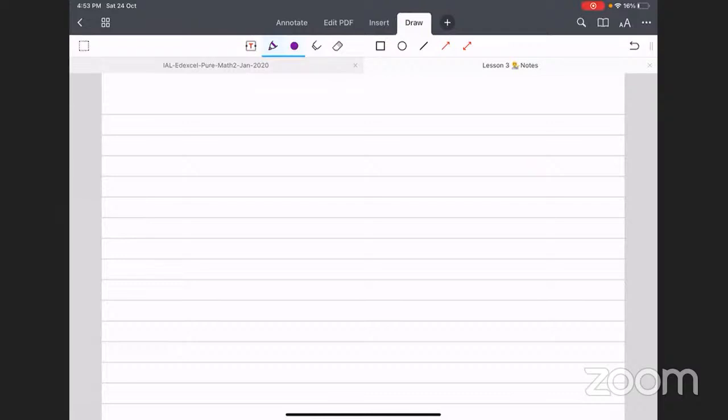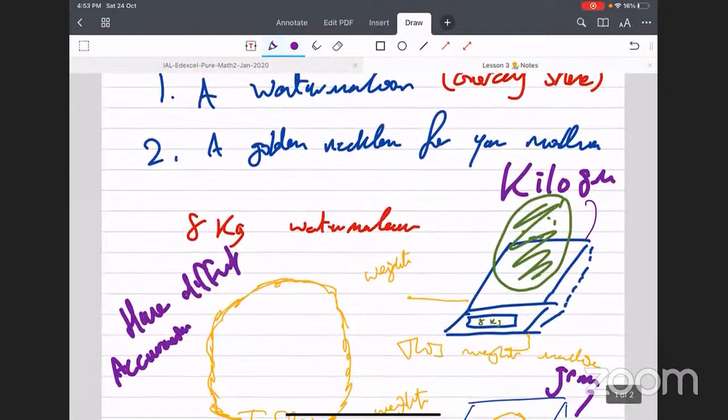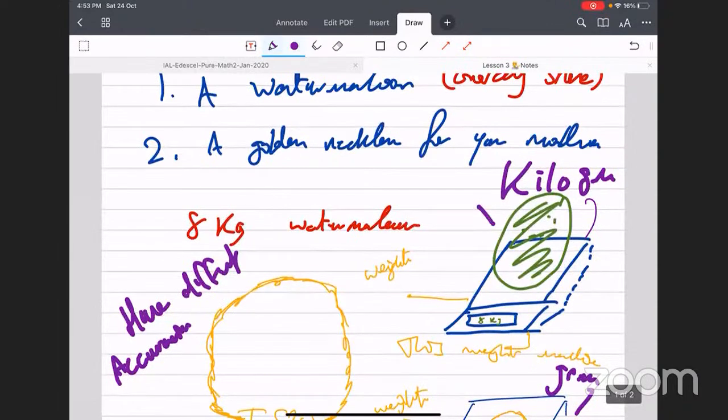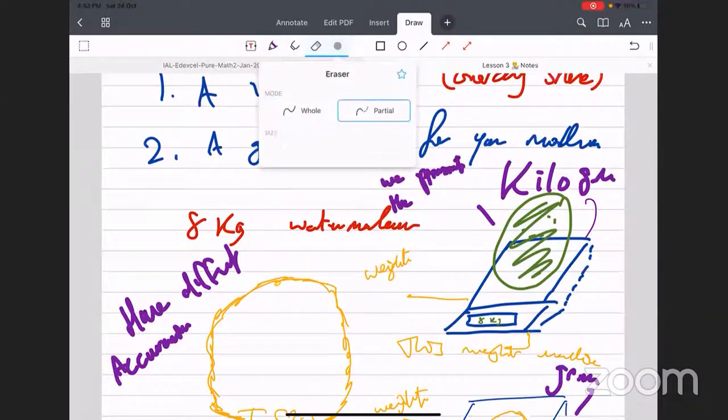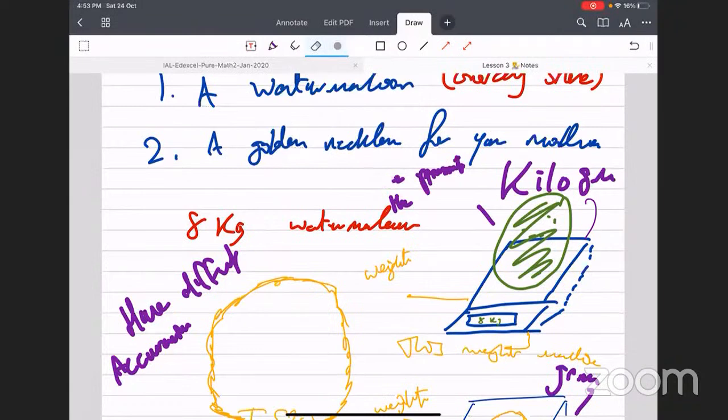So for the watermelon, what we did was an approximation. We made an approximation.